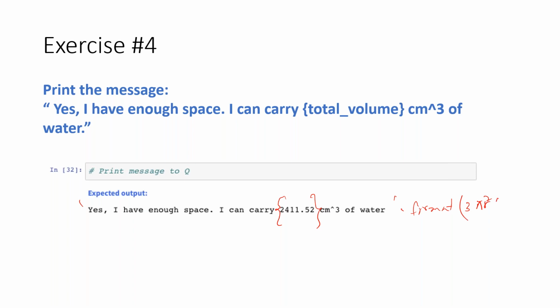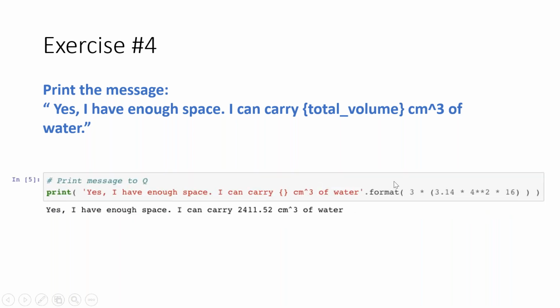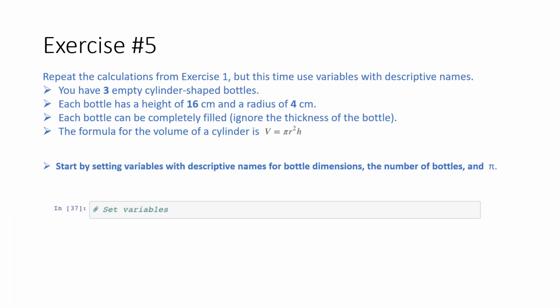I am not putting in the numbers; I put in the calculation, and then it dynamically allocates the space there. That is how we write it. So I'm creating a string object with a placeholder where I want to put the value from this calculation, using dot format. This is a very useful thing. When we start doing projects, we'll keep using it. It gives a bit of flexibility and intelligence to do things quickly. So keep that in mind.